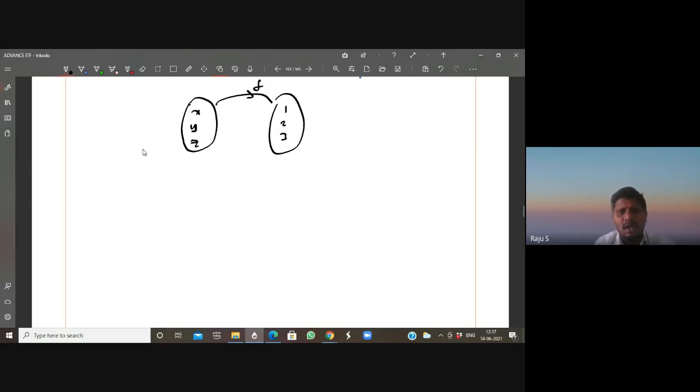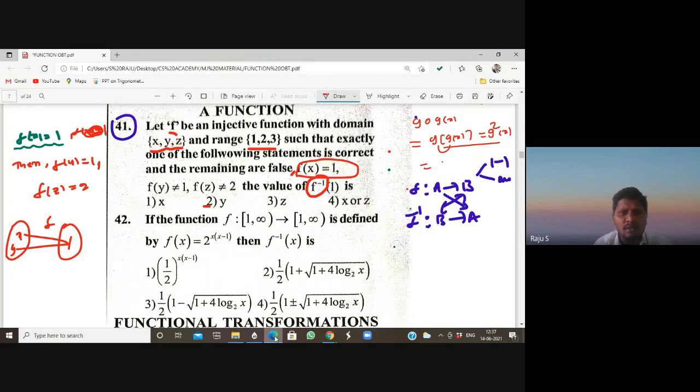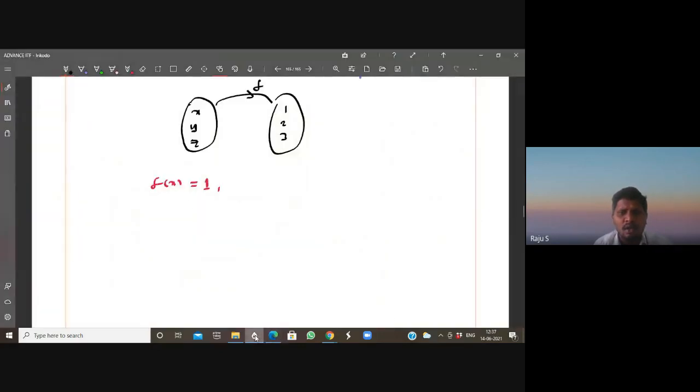We don't know. According to the first case, f of x is equal to 1 is given, and in the question they given f of y not equal to 1, f of z not equal to 2. I want to take as reverse. F of y not equal to 1 they given, I want to take equal. F of z not equal to 2 is given, I want to take as 2.